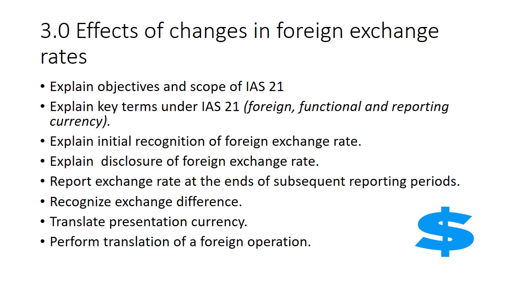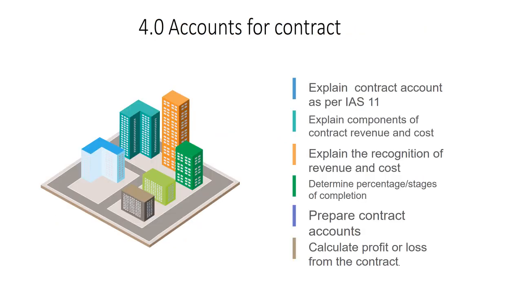So another topic, number 4, we will cover accounting for contracts. This is a situation where the contract takes more than one accounting period, and these are covered by International Accounting Standard number 11.